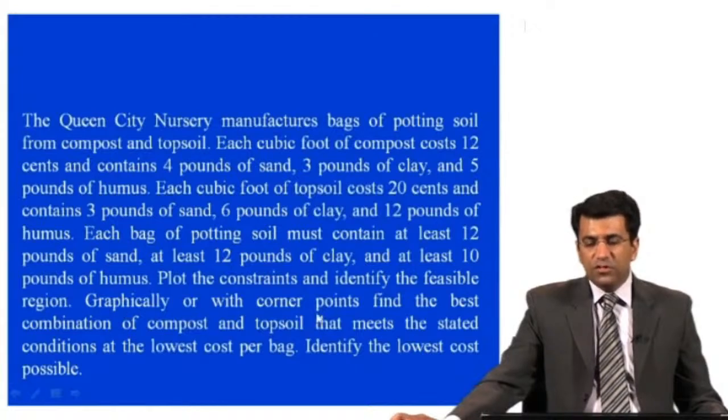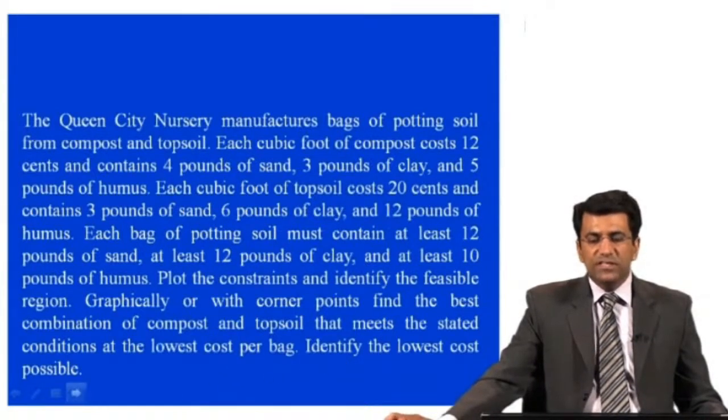Graphically or with the corner points, find the best combination of composite and topsoil. Composite and topsoil are decision variables which may be represented by x1 and x2 or by x and y, that meets the stated conditions at the lowest cost per bag, and identify the lowest cost possible.